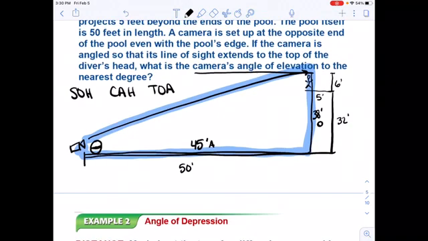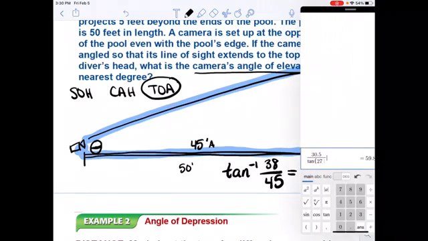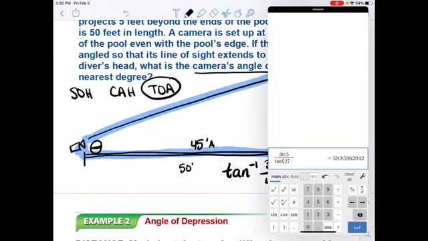So we need to figure out our degrees. Now, if you recall from the previous lesson, if you were trying to find a degree, you use the inverse. So we have opposite and adjacent, we're going to use the inverse of tangent, and then opposite over adjacent. Once you solve this, that will give you your degrees right away.